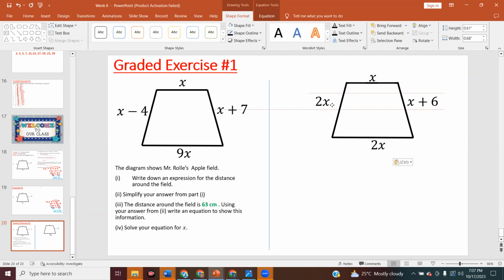Let's say that this is x minus 2. So x plus 6, 2x, x minus 2.